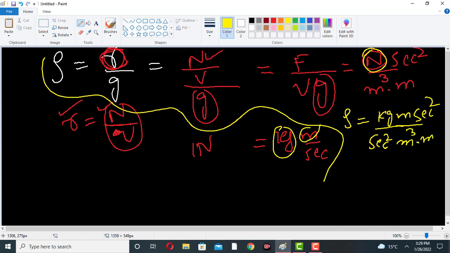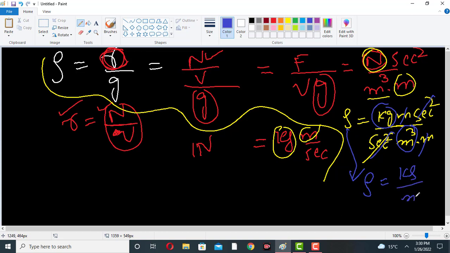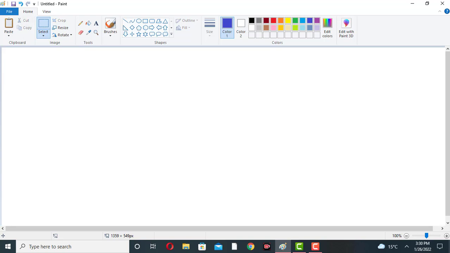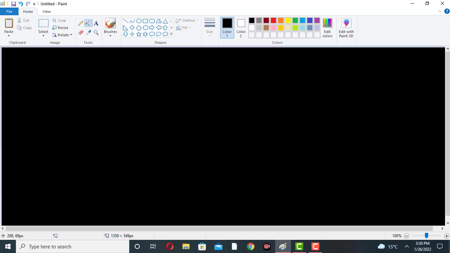The second square cancels with second square, the meter cancels with meter, and we get kilogram per cubic meter. So we also proved from the dimensions that kilogram per cubic meter is the density of the fluid. We proved the unit of the density with the help of specific weight.